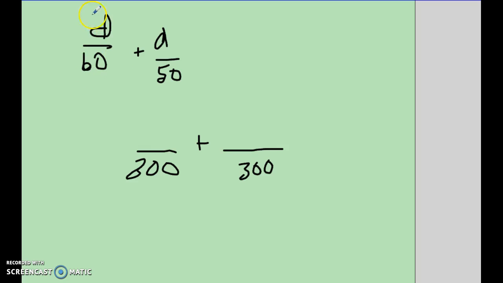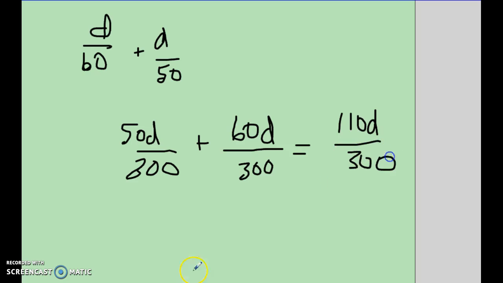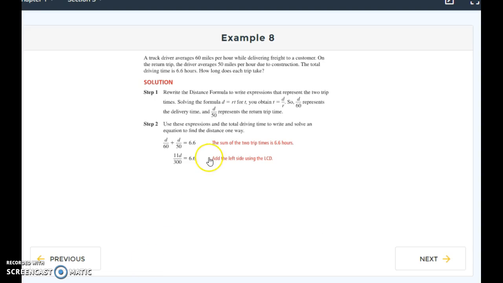In my first fraction, to get to 300 from 60, I multiplied by 50, so I have to do the same thing to the top, to the numerator. And in my second fraction, to get to 300, I multiplied by 60, so I have to do the same to the numerator. So now I have 50D over 300 plus 60D over 300, so I can simplify to 110D over 300. That's where we get this in this example.